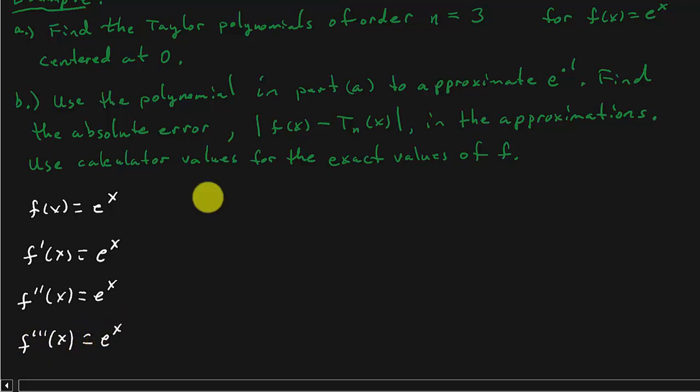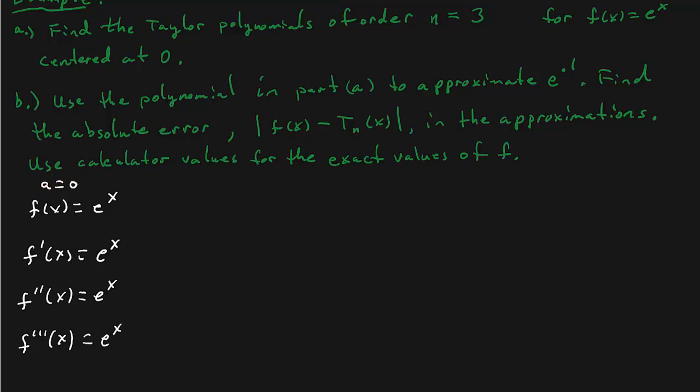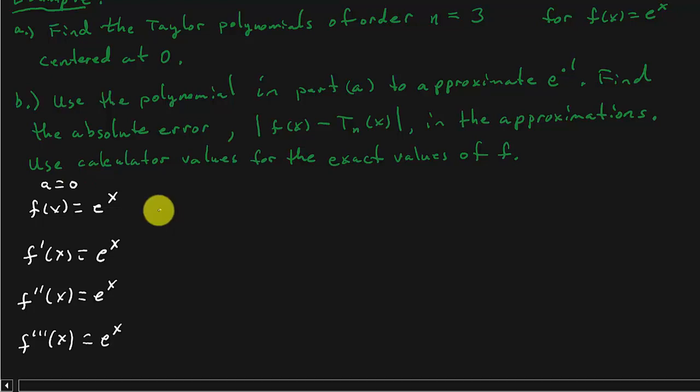And we know here that, let me write it right here, a is equal to 0. All right, and now evaluating each of these at 0. Well, that's easy. These are all going to equal 1. e to the 0 is just 1.